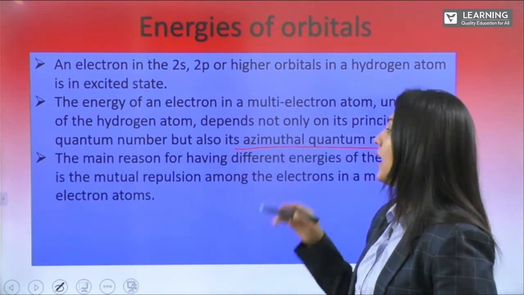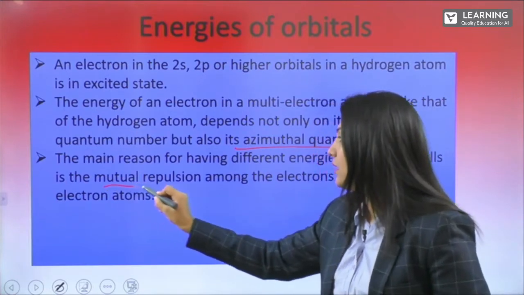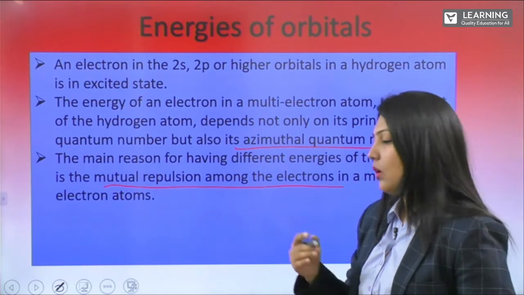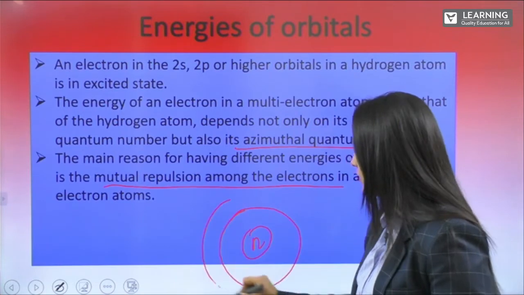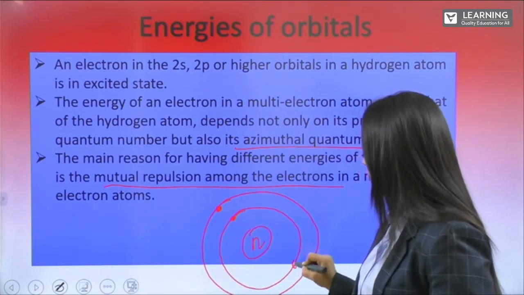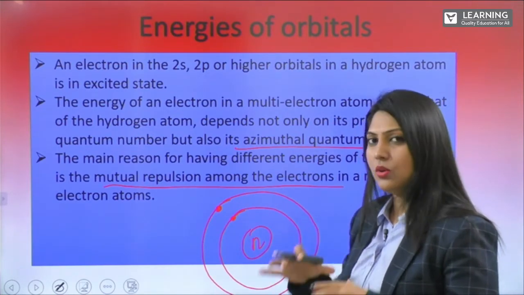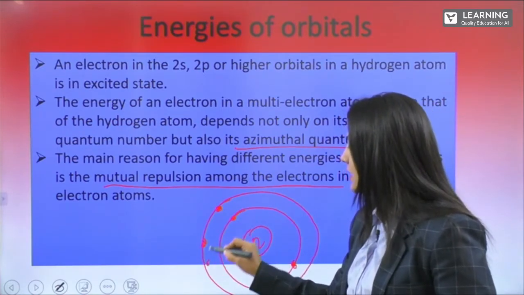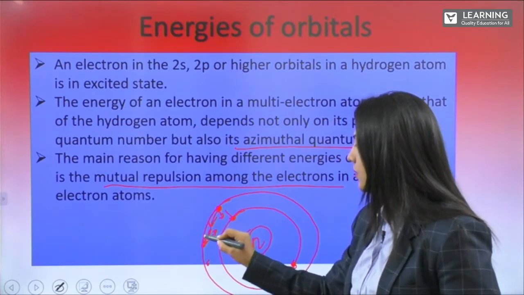The main reason for the different energies of the subshells is the mutual repulsion among the electrons in a multi-electron atom. What does this point mean? If you have two electrons, this is a smaller radius, so it is sufficient to hold two electrons. And if you have electrons here, these electrons will repel each other.